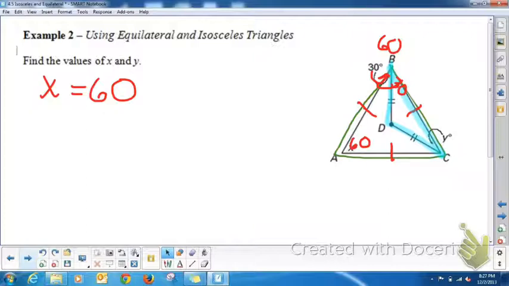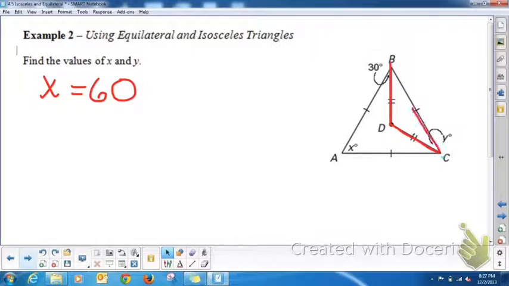And if you take a look at this triangle, without all this other writing on it, you'll see that it is an isosceles. If the legs are congruent, then the base angles are congruent. So if this angle here is 30, then y is 30.